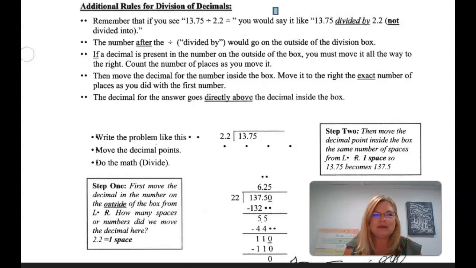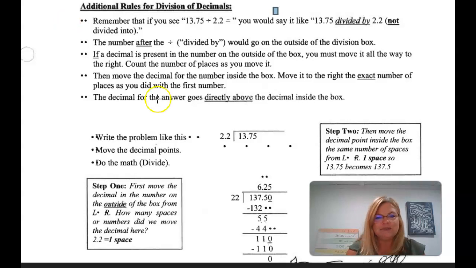So to go over the important additional rules, we want to remember that if you see 13.75 and then you have the division sign and 2.2, you should say it like 13.75 divided by 2.2, because when we line up our problem, we need to understand which one goes in the box.